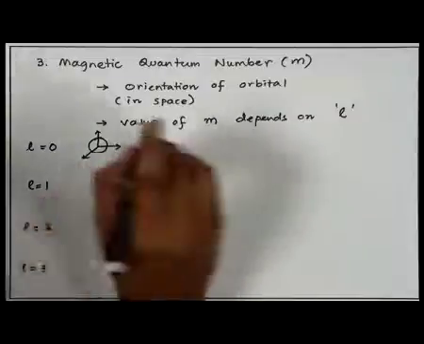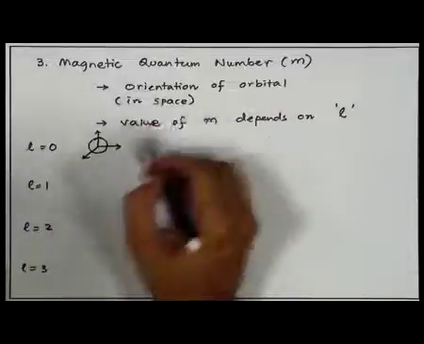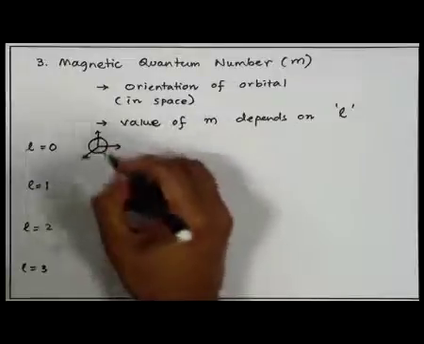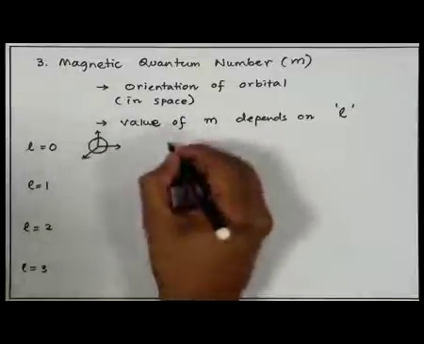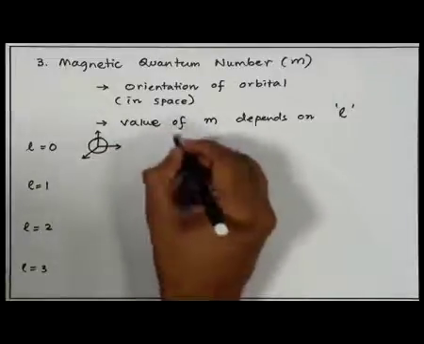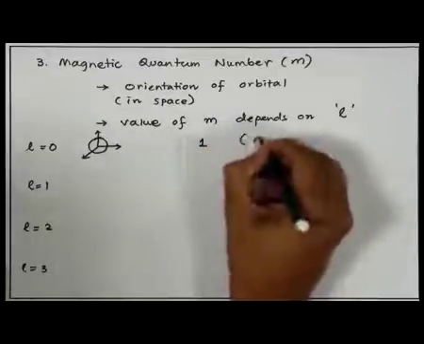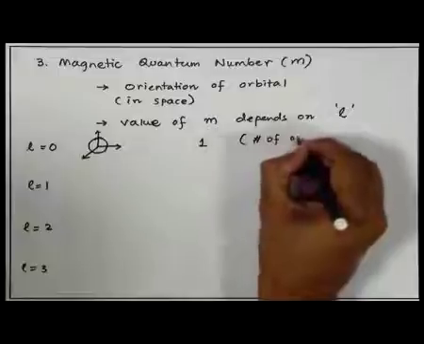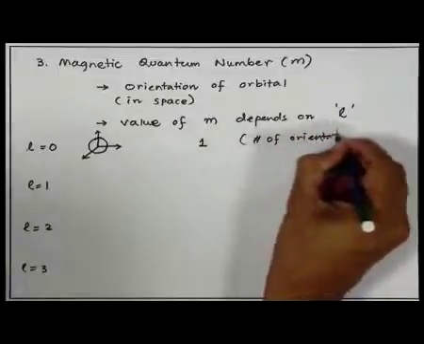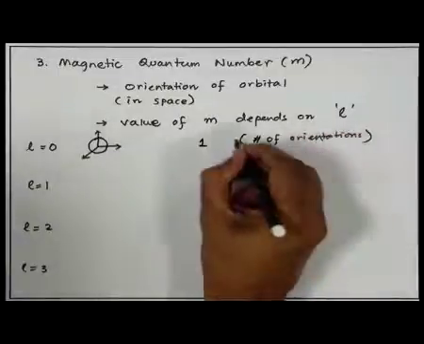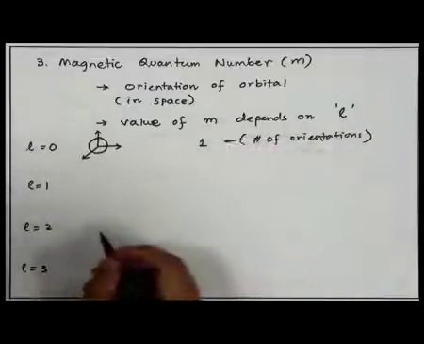So, there is only one way this s orbital can be oriented. The number of orientations possible for an s orbital is 1.